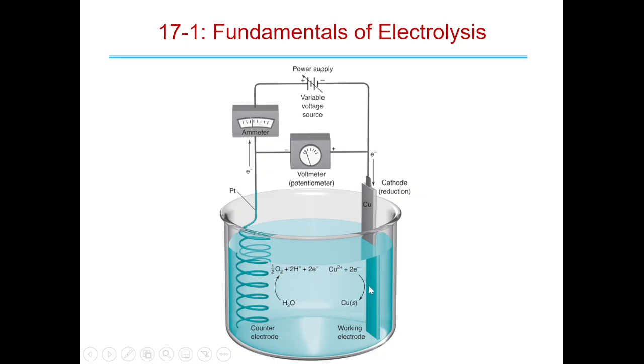The working electrode is where the work happens. You're plating something out on it. The counter electrode is where the other half of that reaction occurs, right? So it would be your anode. And that can be anything, but platinum wire is usually best because it's a good conductor and doesn't corrode. Anybody have any questions about this?